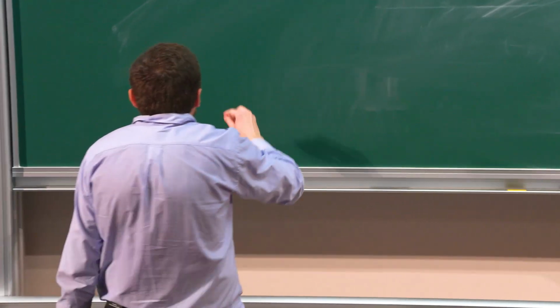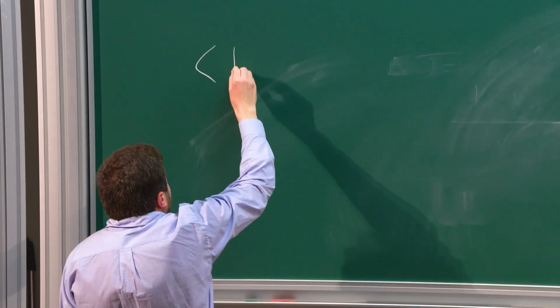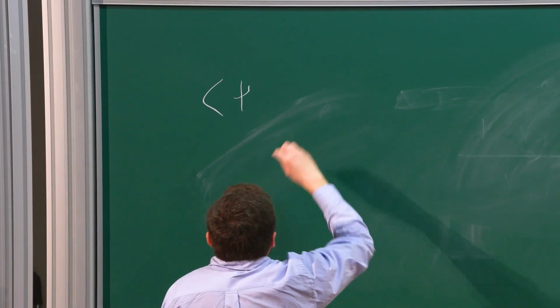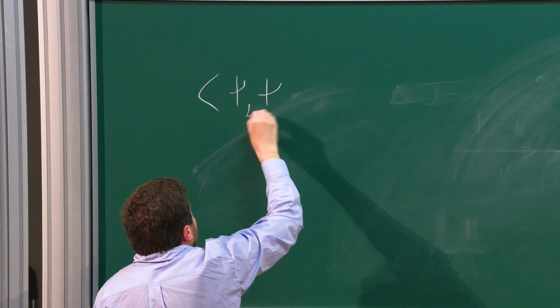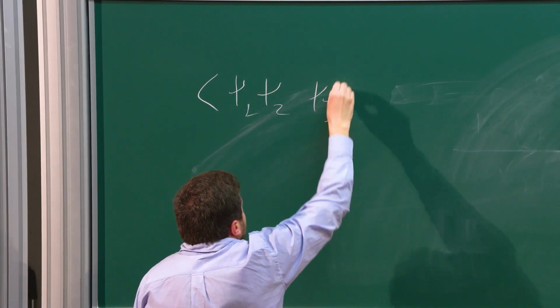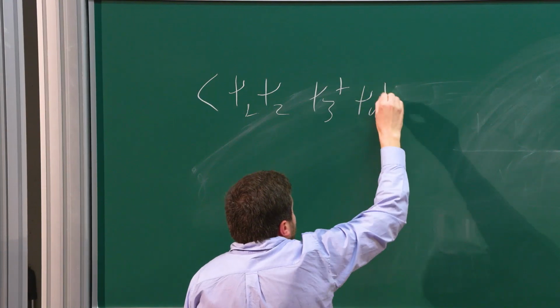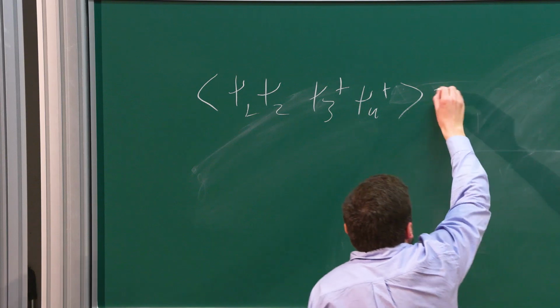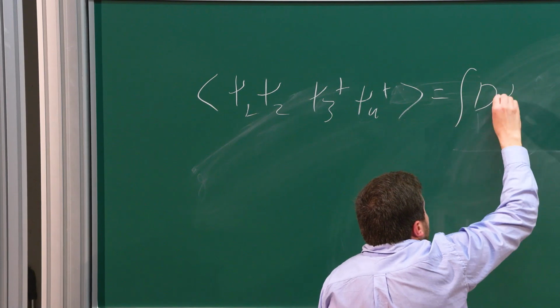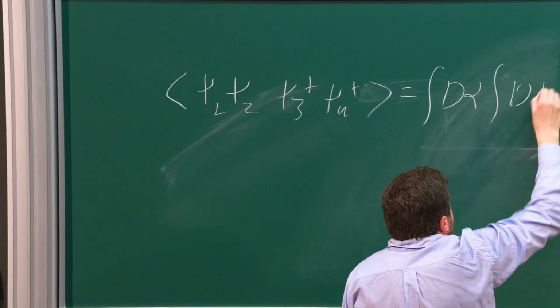But the idea is that you start with, let's say, a correlation function that contains the same number of fermions and fermion daggers. Okay? And then you have path integral over alpha and psi.